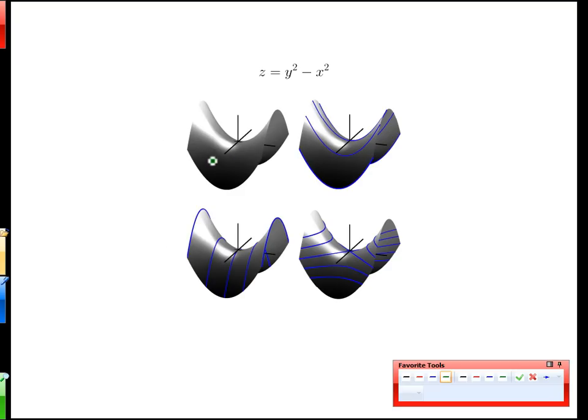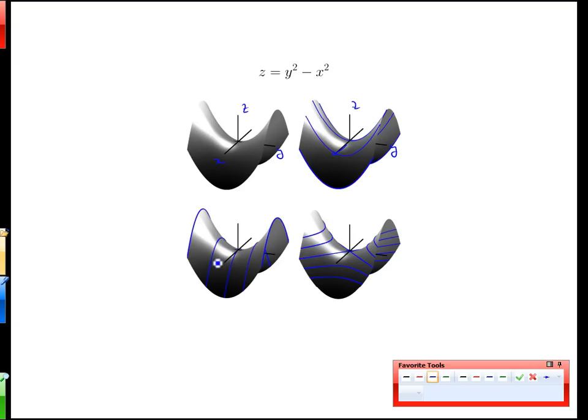Let's label our axes here. We've got x, y, and z. This saddle shape is the surface that we obtain when we graph the function z equals y squared minus x squared. We can see those parabolas in the yz plane that are open upwards and that shift downwards as we move out of the page or into the page.